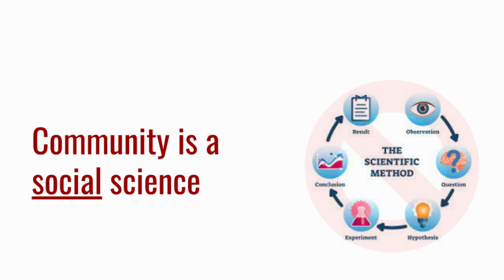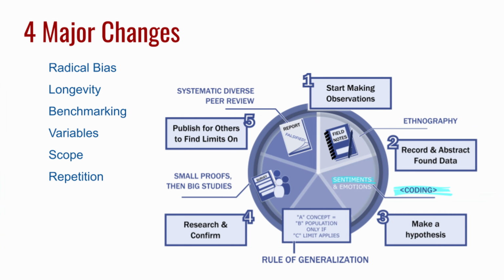We modified the scientific method to create a stronger understanding of the spaces in which we are. We did that using 4 main techniques that resulted in 6 major differences between the scientific method and the social scientific process. First, radical bias. Instead of trying to create a lack of bias in our studies or in our understandings, we are laser focused with the way that we make our observations.